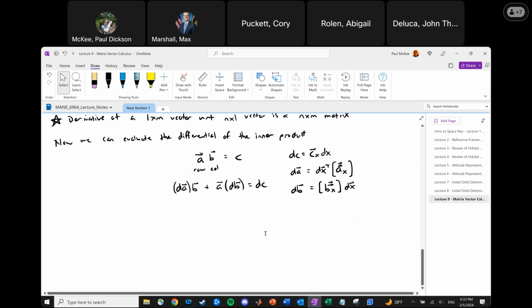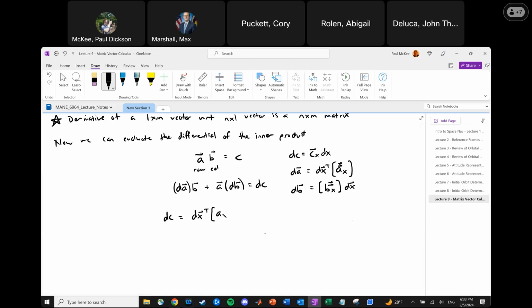So let's take this equation and rewrite it a little bit. I'm going to say that dC, which is a scalar, is dx transpose A sub x double over bar B. So all we're doing is making a substitution, plus A B sub x double over bar dx.